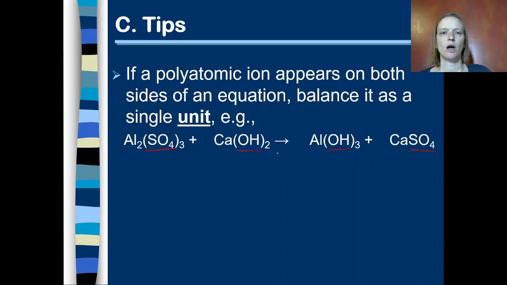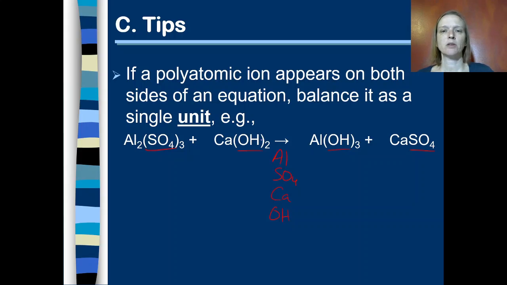So I would look for balancing aluminums and sulfate ions as a whole, as well as calcium and hydroxide ions as a whole. You can balance these the traditional way by splitting out the elements, but it is quite a bit faster to keep the polyatomic ion together as a single unit. So let's do a quick tally.